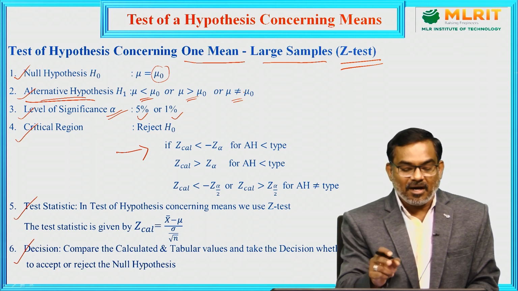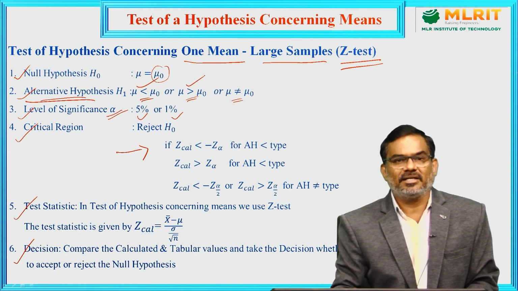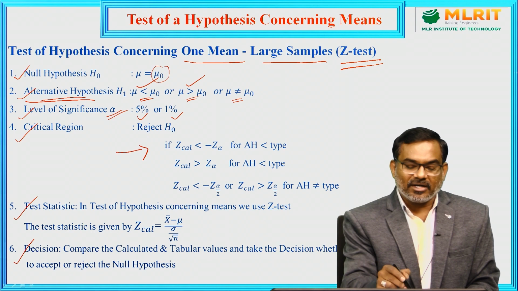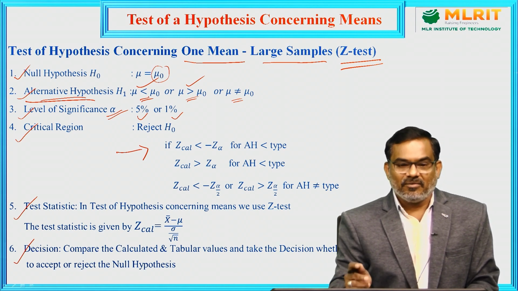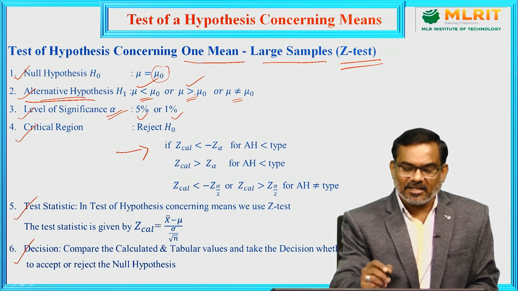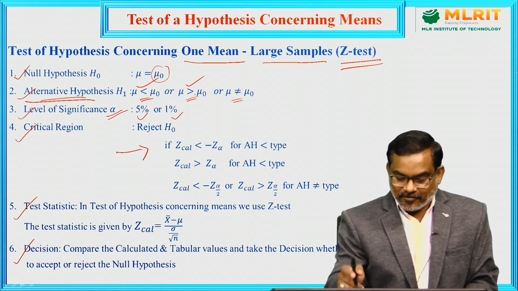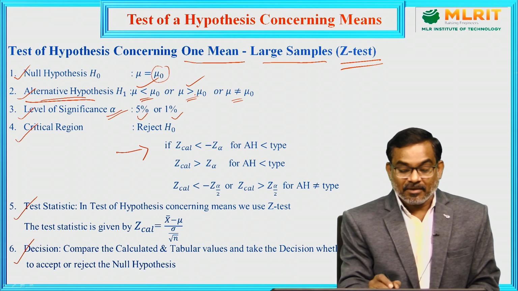If the alternative hypothesis is of less than or greater than type, then the test is called one tail test. If the alternative hypothesis is of less than type, then the test is called left one tail test. If it is of greater than type, then the test is called right one tail test. So, here the critical region depends on the alternative hypothesis.